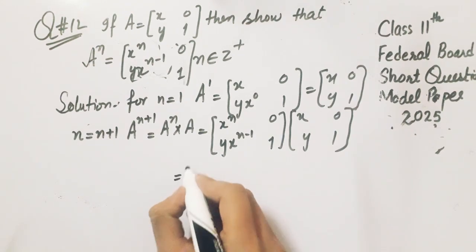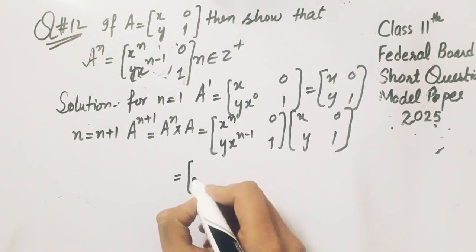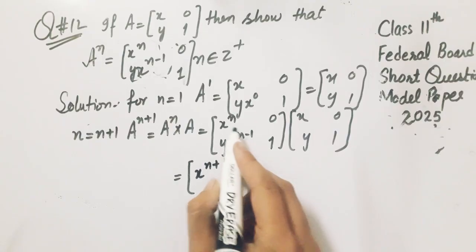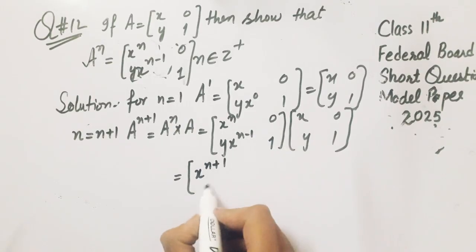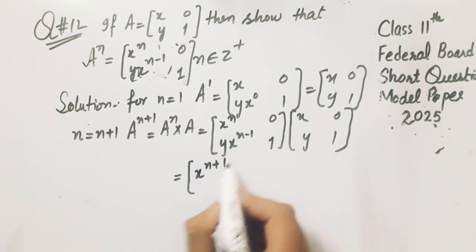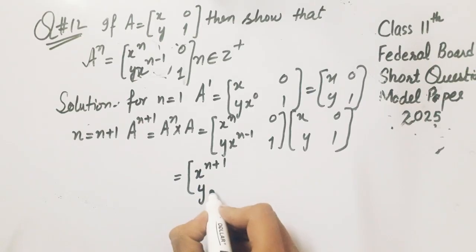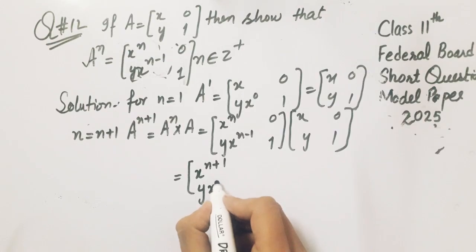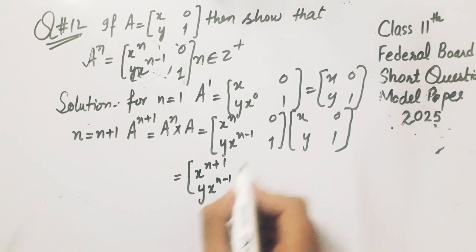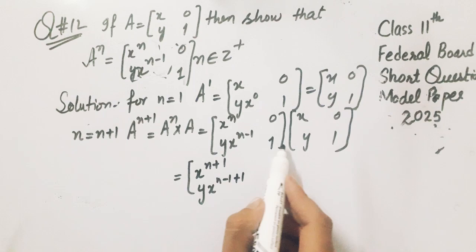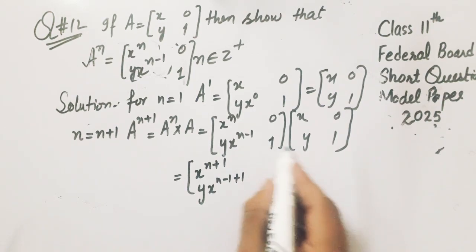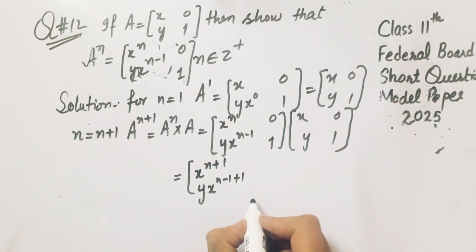This will give you x raised to power n plus 1, and 0, then y multiplied by this is y into x raised to power n minus 1 plus 1, and here you will have 1 multiplied by y, which is plus y.